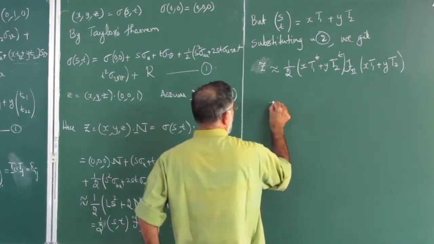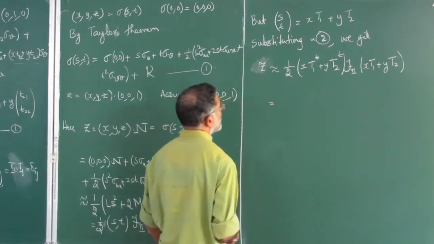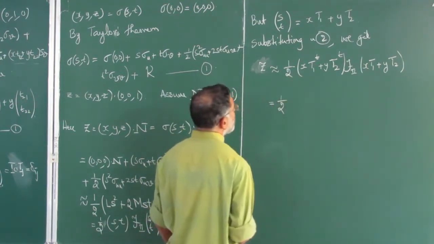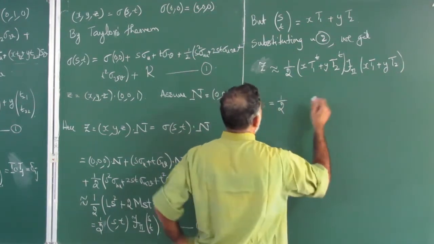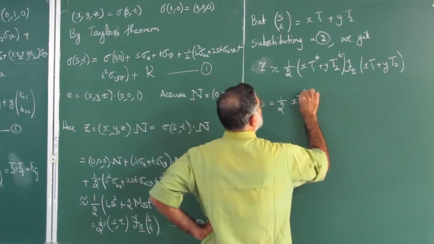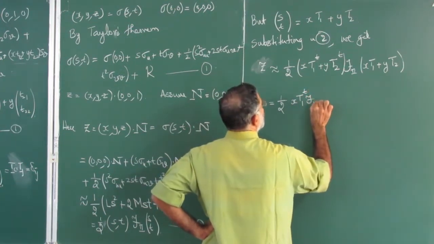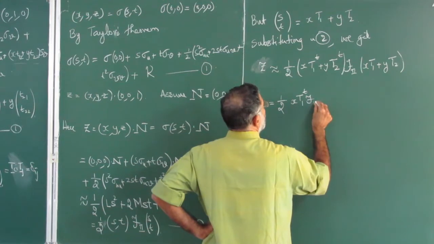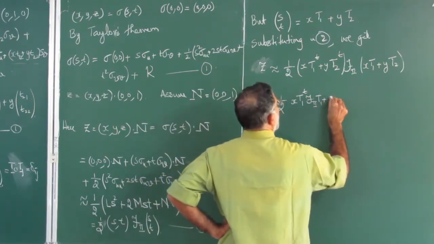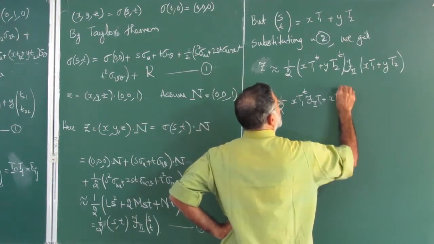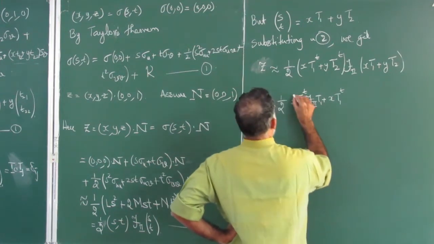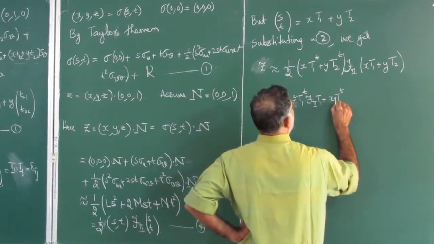Okay, so that is equal to, let us keep half outside. There are 4 terms: x t1 transpose f2 t1 plus x, t1 transpose, no, this is x square, sorry, this is xy.